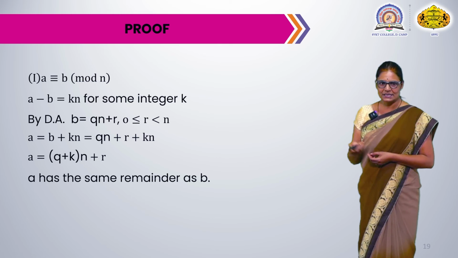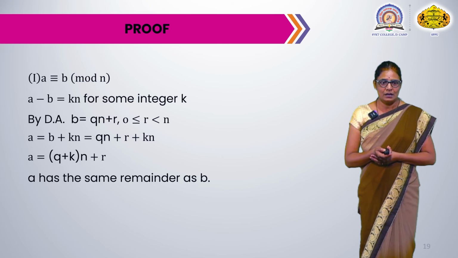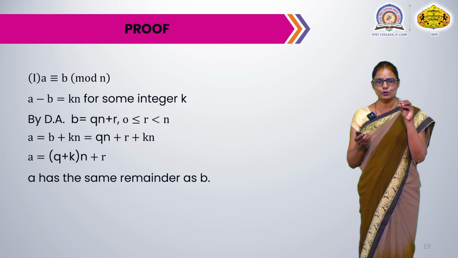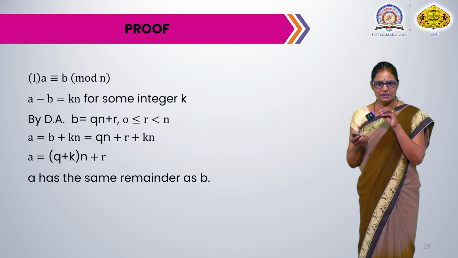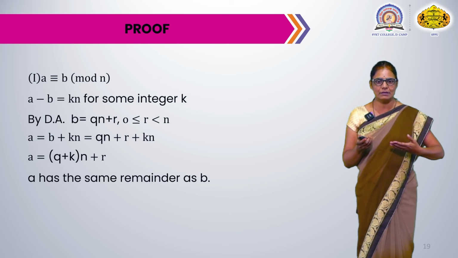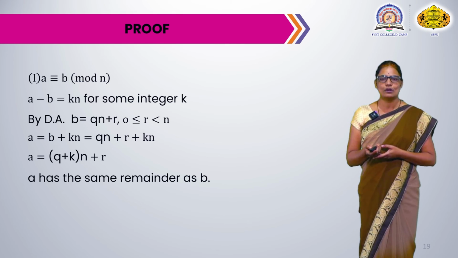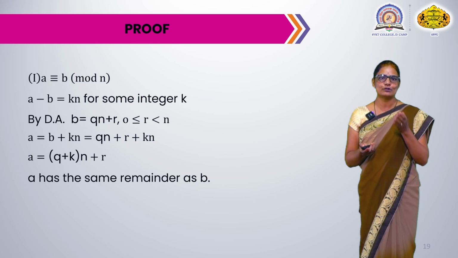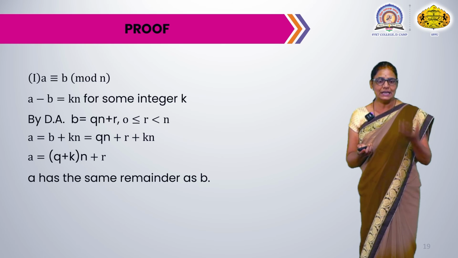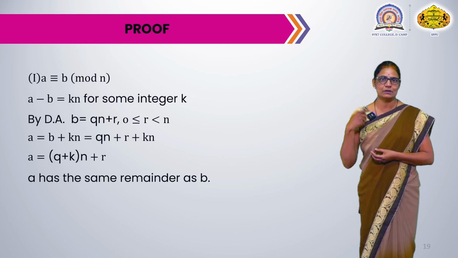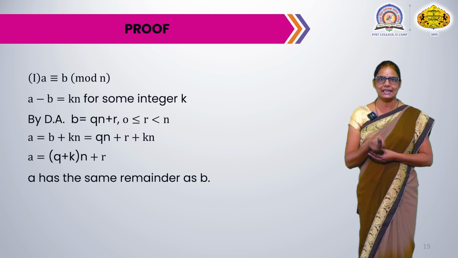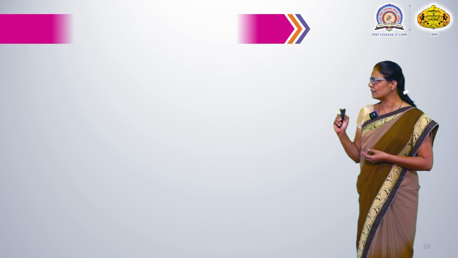Just observe here, a can be written as some quotient, q plus k, into n, plus r. So a leaves the same remainder as b. So by assuming a is congruent to b modulo n, we get that a and b have the same remainder when divided by n.